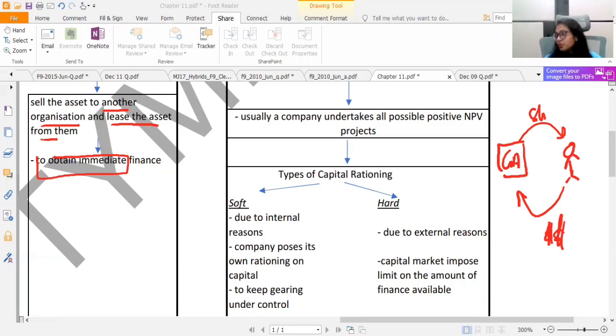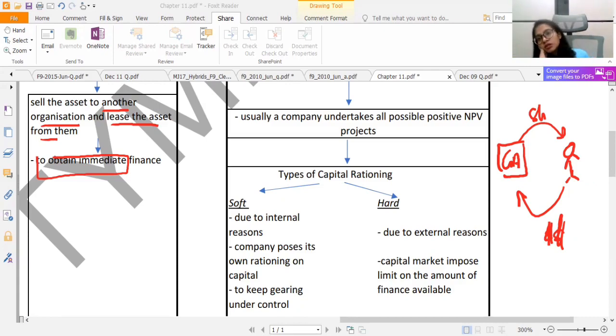So when you find the most profitable project, normally you will take on those projects that are most profitable first, and then subsequently only you will take on the projects that are least profitable. However, guys, please remember, for as long as the projects are not mutually exclusive, there is no issue. But the moment your projects are mutually exclusive, let's say the two mutually exclusive projects are the most profitable, you only can choose one.